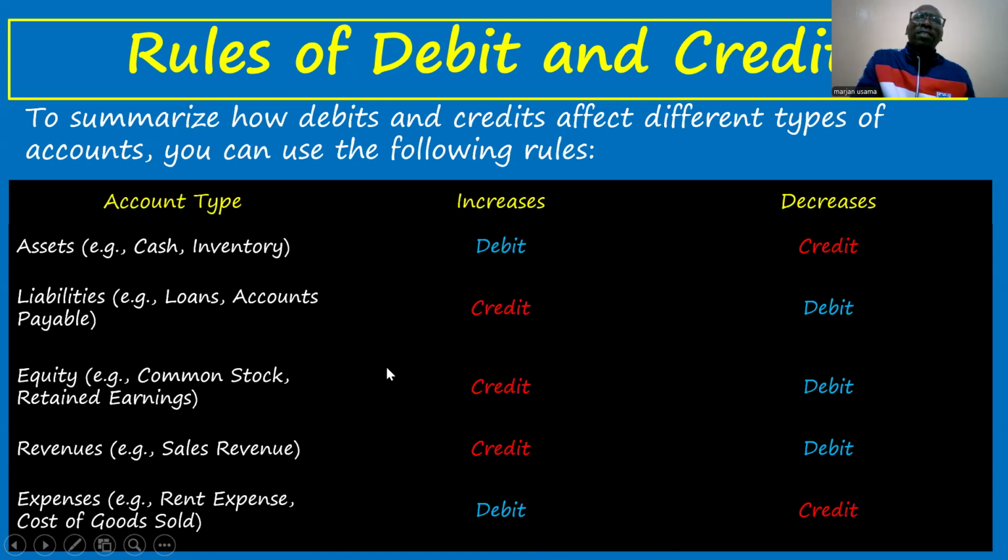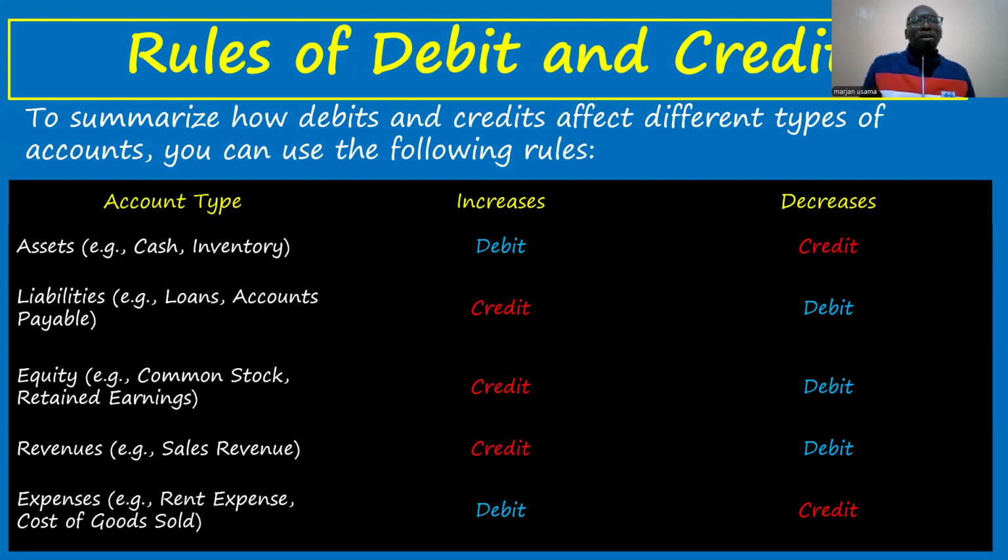So you just have to memorize this. There is no trick. You just have to memorize this table and the effects, because you can be asked in an exam about this. For example, if an asset increases, do you debit it or credit it?